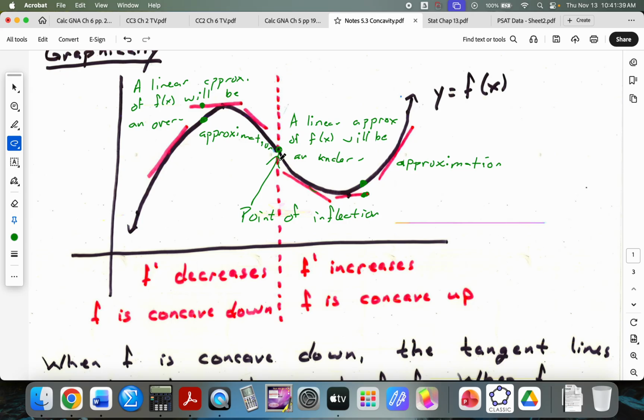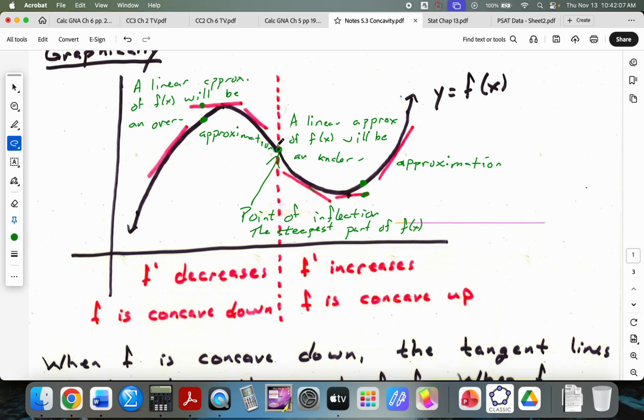And notice that this is the steepest part of f of x in this neighborhood. Not the steepest part forever, but in this neighborhood, that's the steepest part. That's where your point of inflection is.